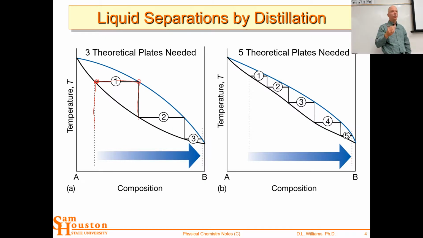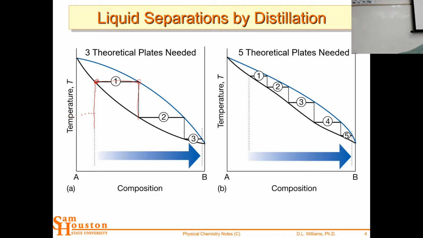So it doesn't have to go all the way back to the still bottom to boil again. It comes down a little ways in the fractioning column, and then it can boil again. So it's boiling in the fractioning column, and it's enriched in the more volatile component, and it goes even higher in the fractioning column before it condenses. So it drips down a little ways.